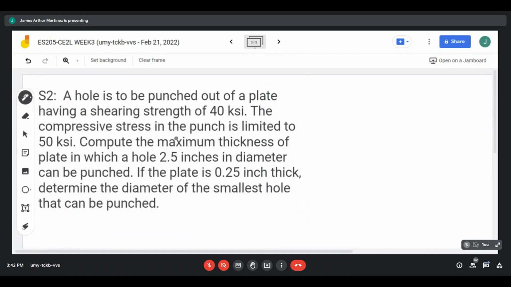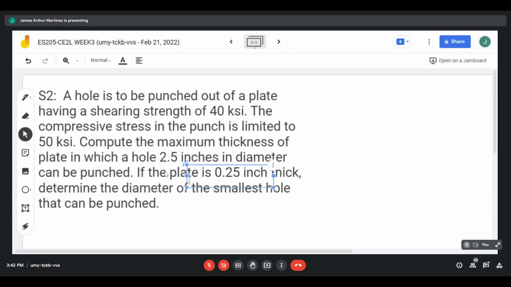The compressive stress in the punch is limited to 50 KSI. Then compute the maximum thickness of plate in which a hole of 2.5 inches in diameter can be punched out. If the plate is 0.25 inches thick, determine the diameter of the smallest hole that can be punched.